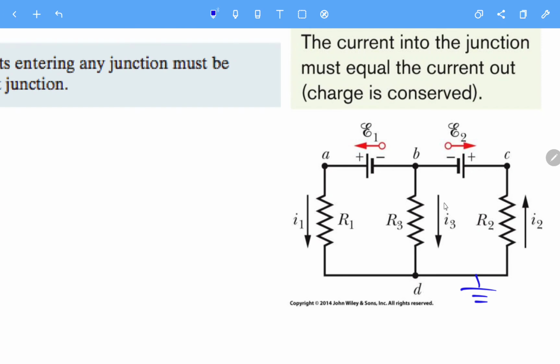So the only point we are concerned with is point B. If we already know the voltage VB here, then we can quickly find VA, because VA is nothing but VB plus E1, and for this point C, VC is nothing but VB plus E2. So to solve this circuit, the only variable of concern is VB, or VA. Of these 3 variables, you only need to know one, and then you can quickly find the other 2.